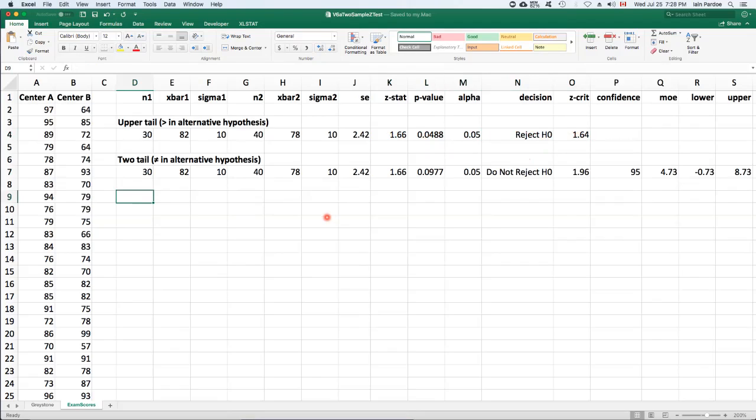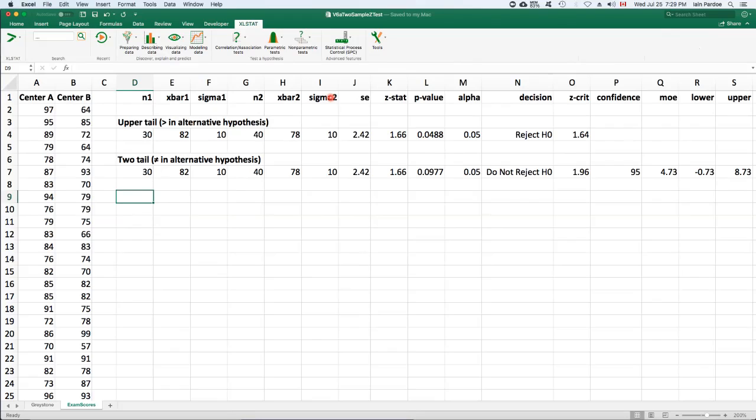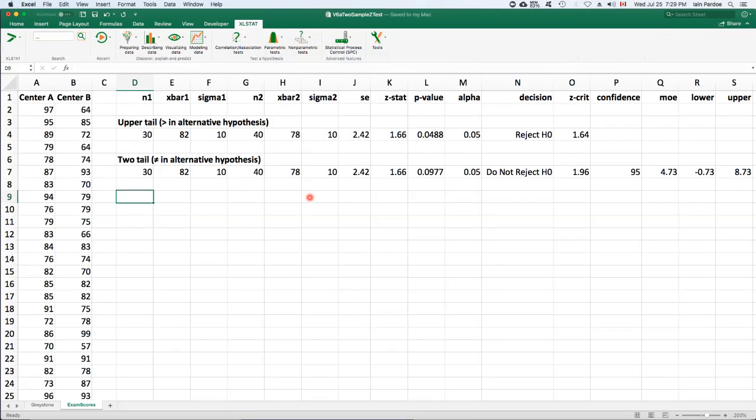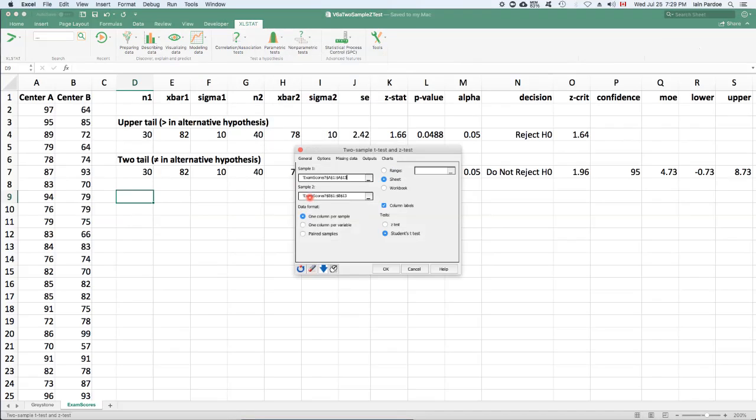Okay, let's see how XLStat does a 2-sample Z-test. And let's do a 2-tail test and see if we can match the numbers that we calculated by hand. So 2-sample Z-test, there we go. Let's pick our data.